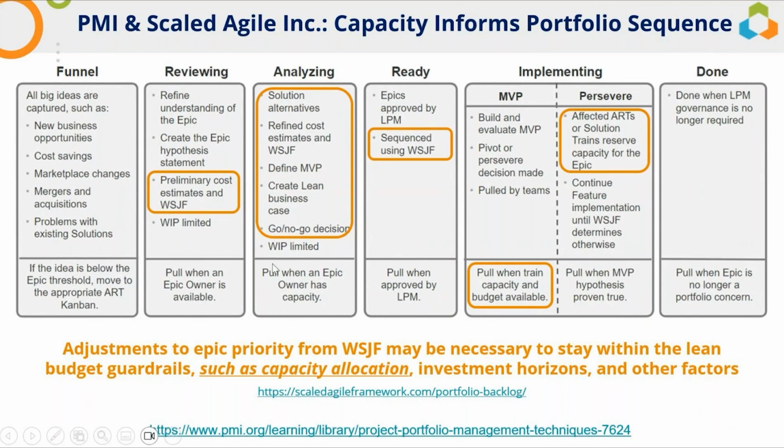And look, long before they get to the point where they're sequencing work in their portfolio, they're doing preliminary estimates. WSJF, if you're familiar with that, it's weighted shortest job first. Well, how can you ever find out what the duration is, the denominator of that equation, if you will, if you don't know if you have people available to do it?